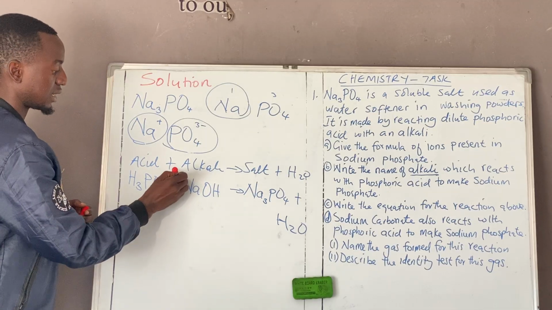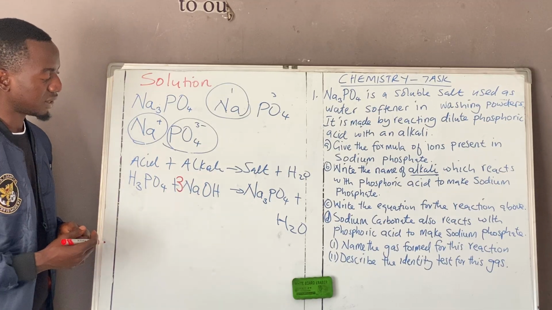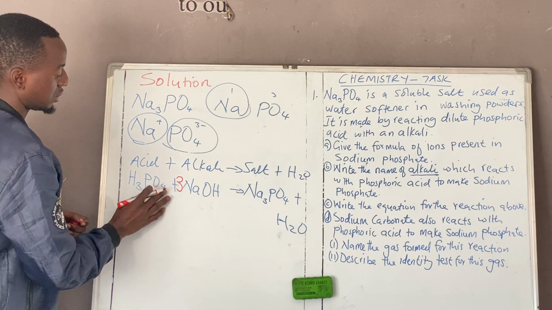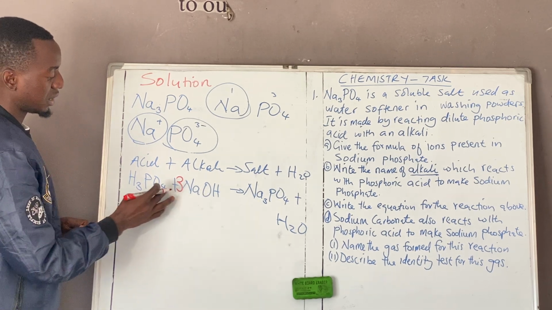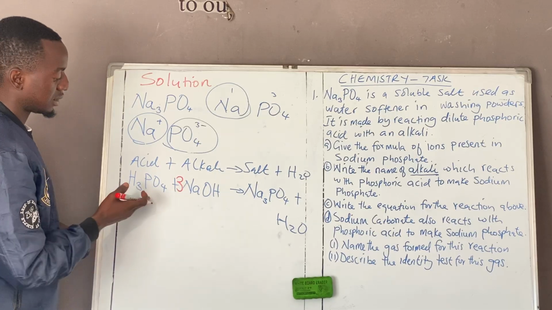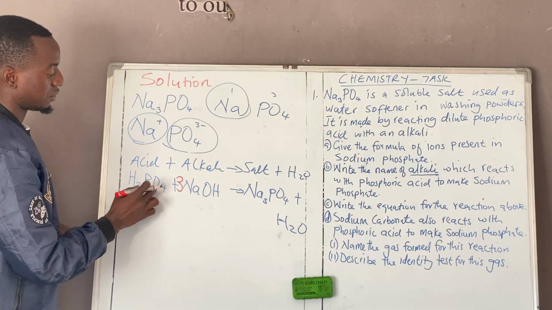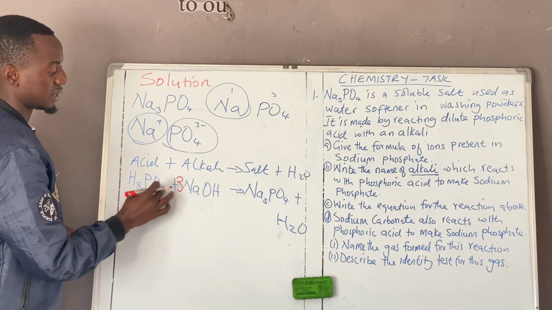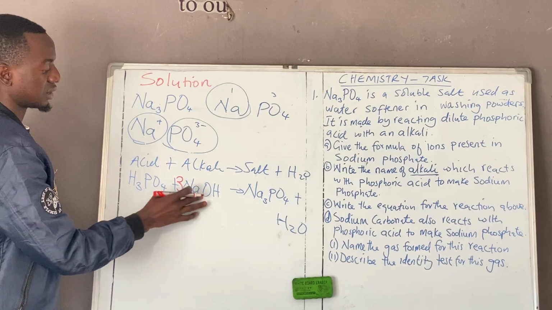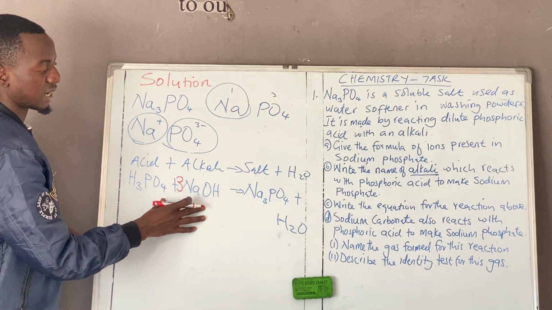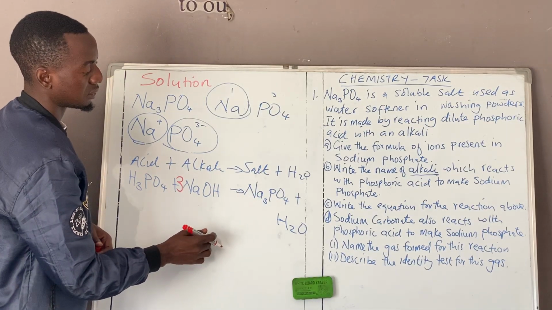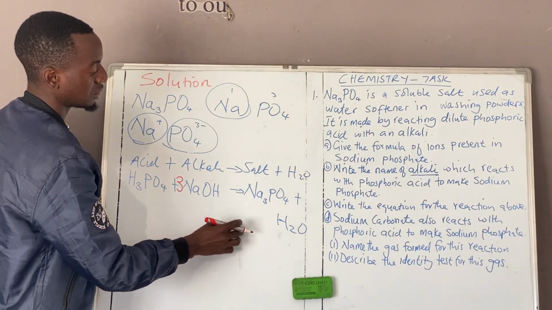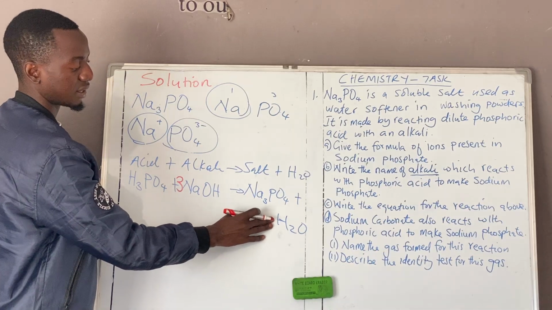Let's put 3. Then oxygen. How many this side so far? 4 plus 2 plus 3, 7, eh? So 7 this side. How about this side? 5. So what are we supposed to do? We're supposed to do something here. Water.